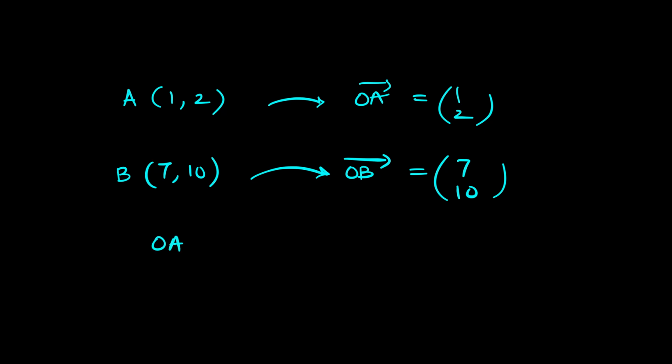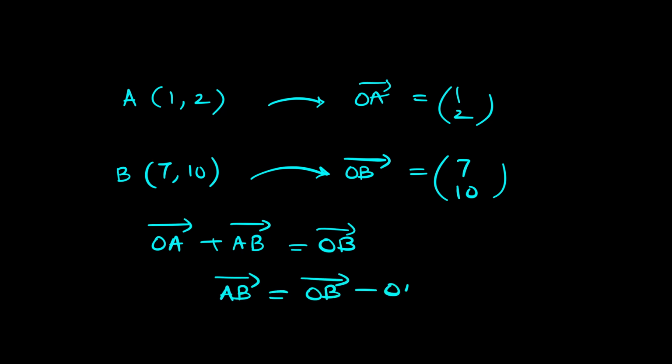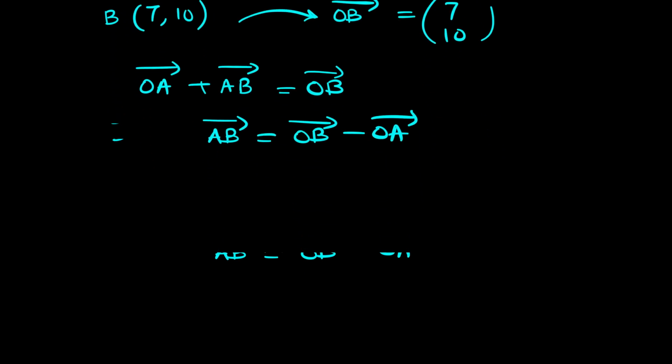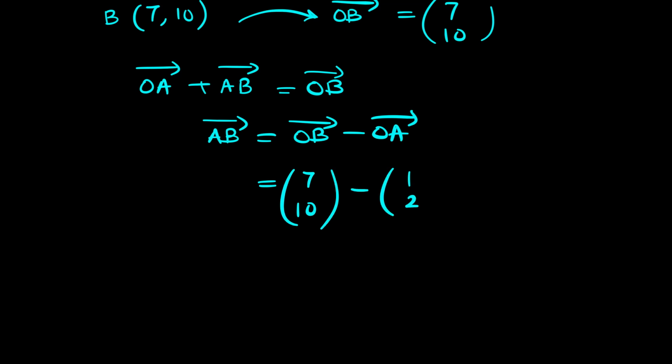So OA plus AB equals OB. And I'm putting on all the arrowheads. So therefore, AB is OB minus OA. What is OB? That is 7, 10. And what is OA? That is 1, 2.